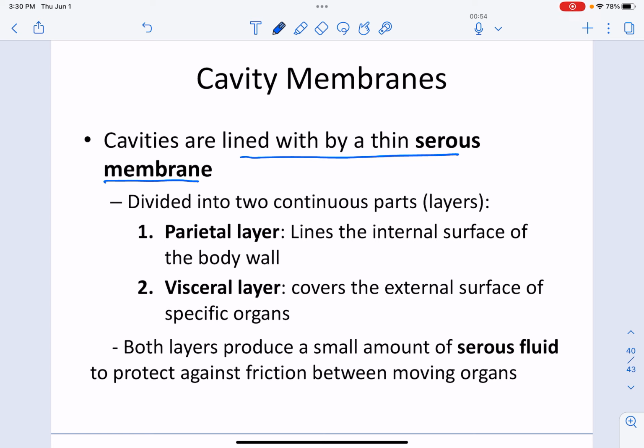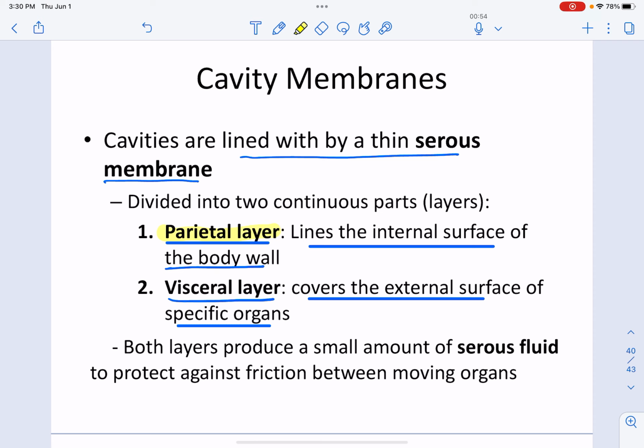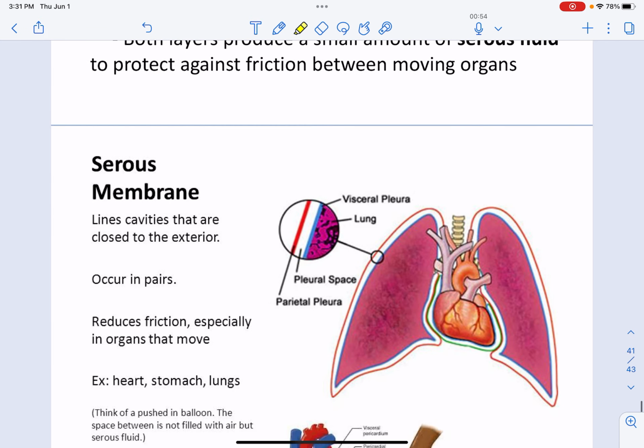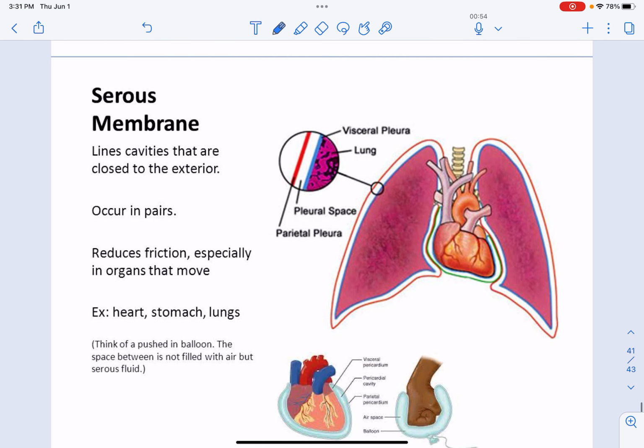The one membrane that lines the internal surface of the body wall is the parietal layer. And the membrane that actually covers the specific organ is called the visceral layer. So please make sure that you understand the difference between the two. I think I have a better picture here.